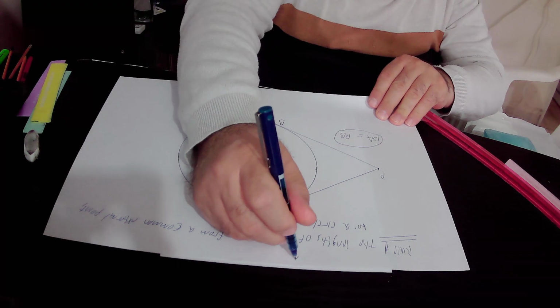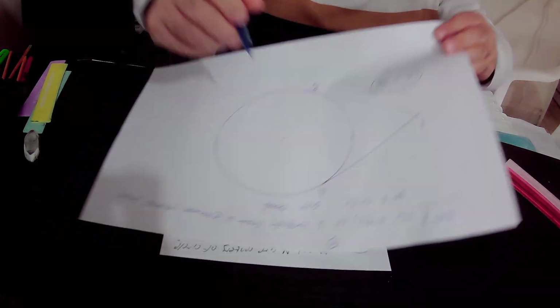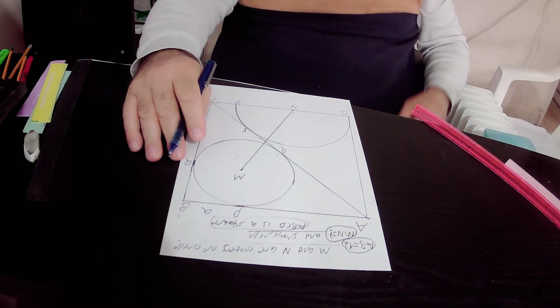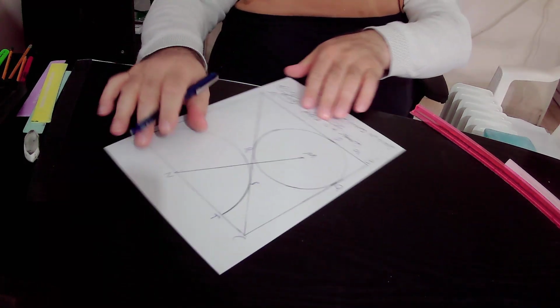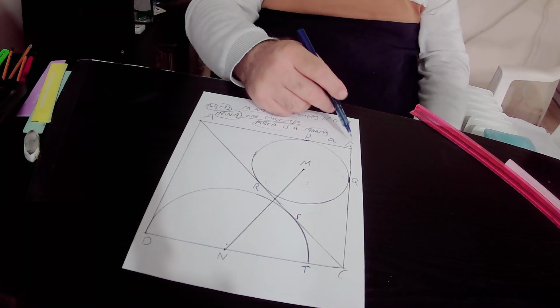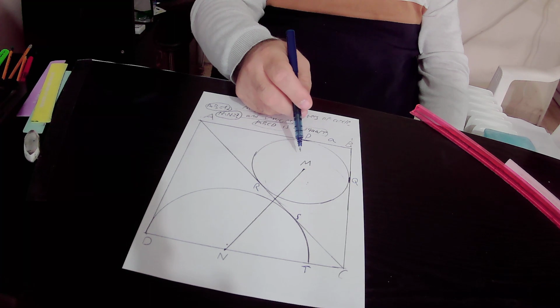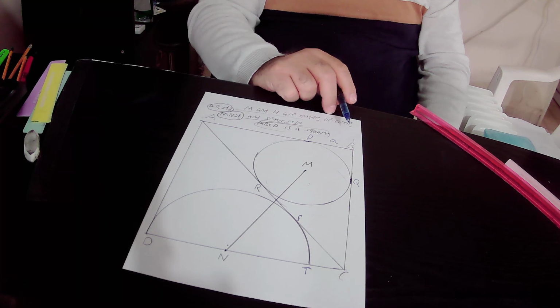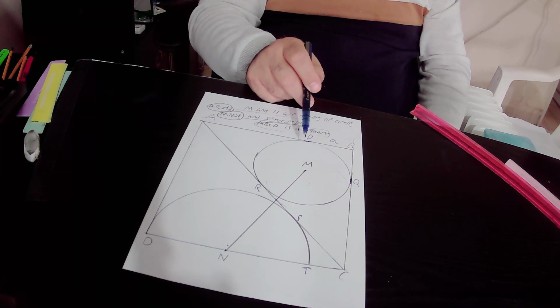Okay? So here, if we focus on the external point, point B is an external point in relation to this circle. We have from point B two tangents to this circle.